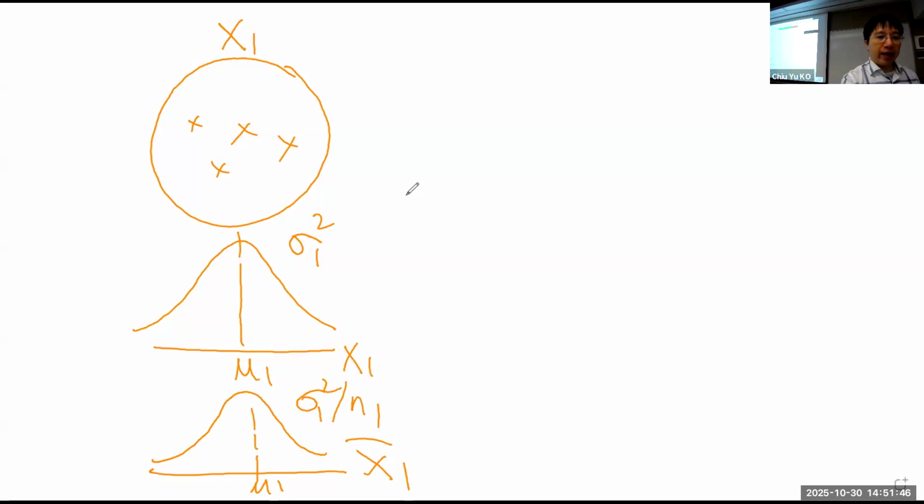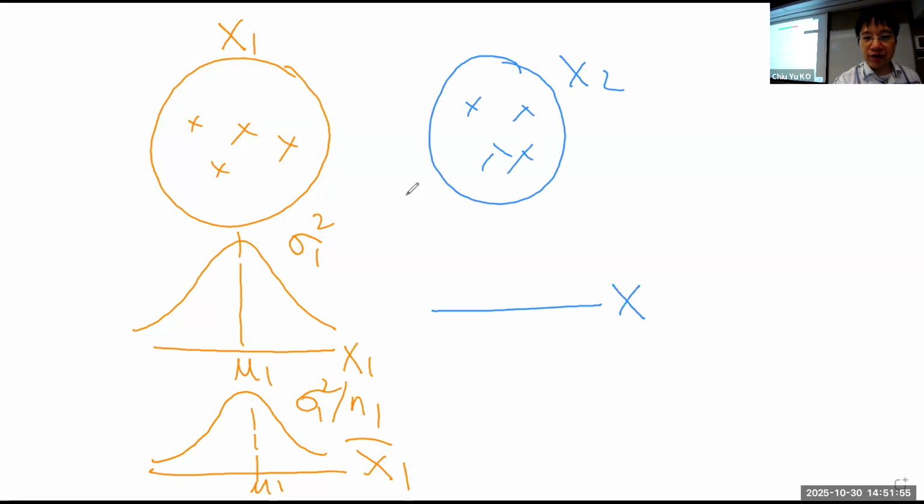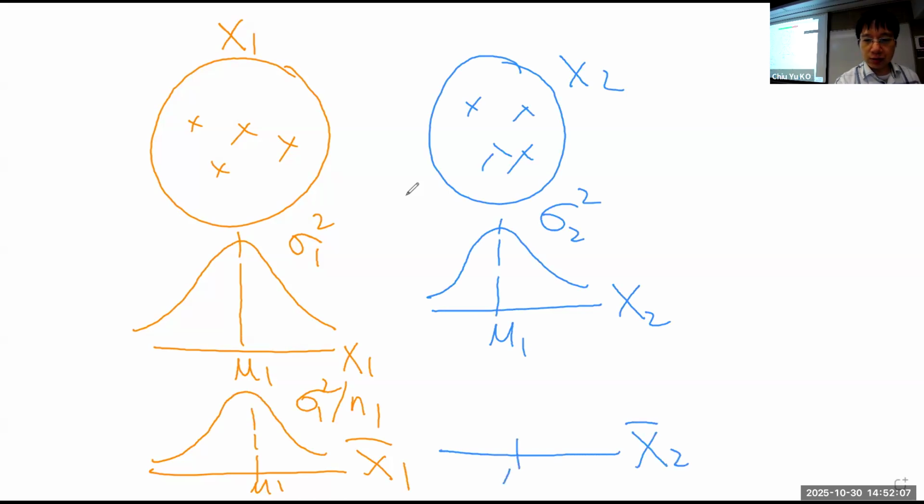And you also have another population x2, with some observations here. We also claim this is a bell curve, with mean mu2, variance sigma 2 squared. You collect the sample mean, which is also here. And we assume this is equal to sigma.